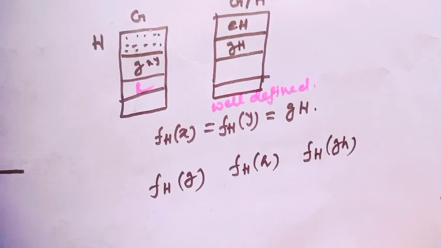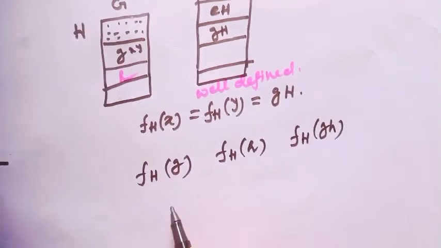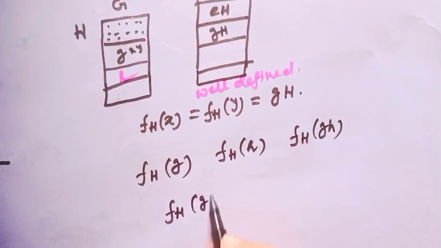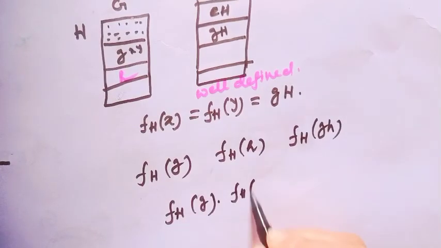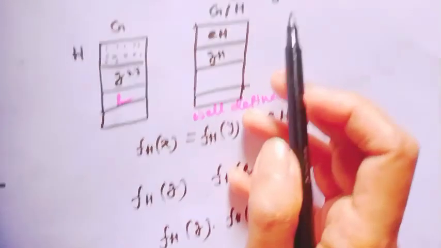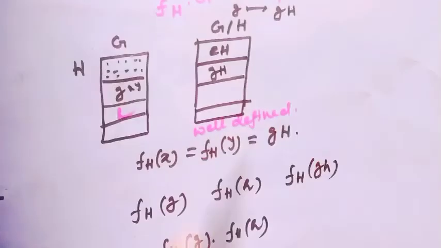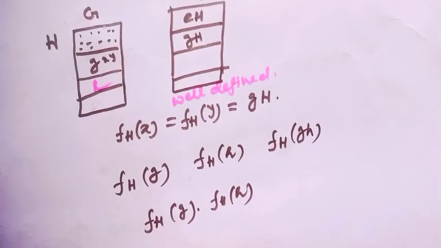Let's see. f(g) times f(h), by the definition of the function, is always equal to gH times hH.